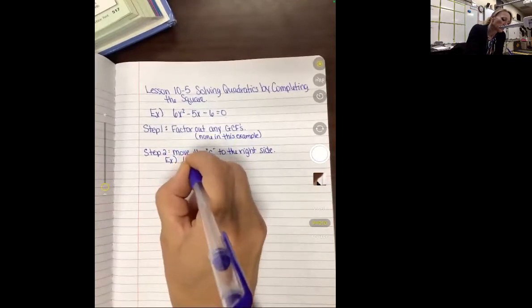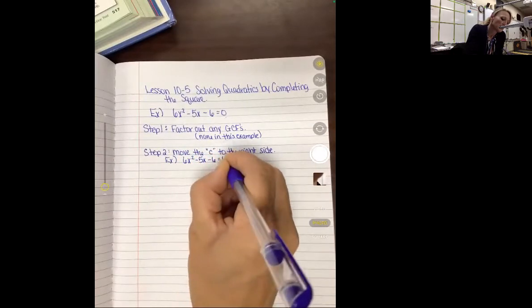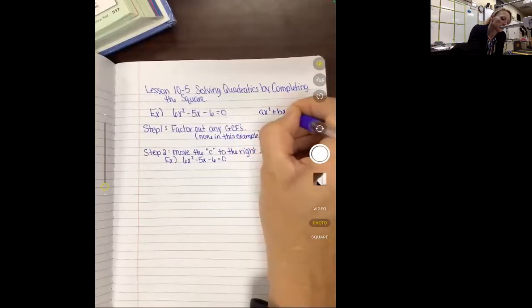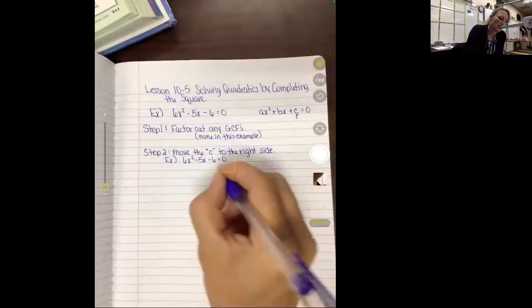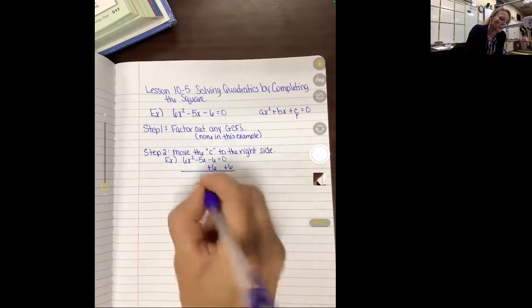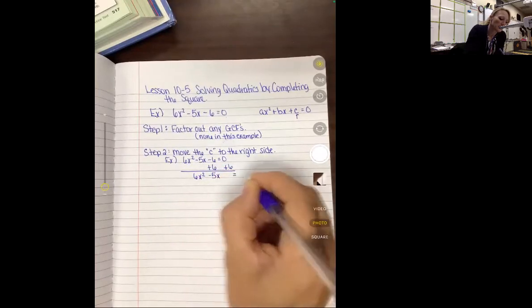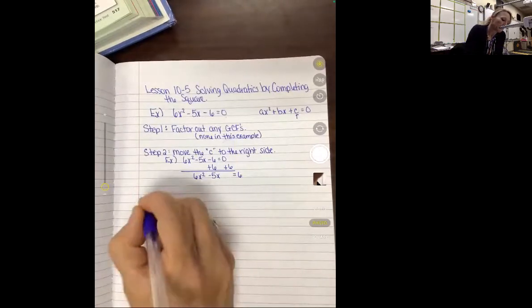So we have 6x squared minus 5x minus 6 equals 0. Remember, this is ax squared plus bx plus c equals 0. So we're going to move the c to the other side. So we're going to add 6 to both sides. And we're going to get 6x squared minus 5x equals 6. I'm also going to leave a little space right here.